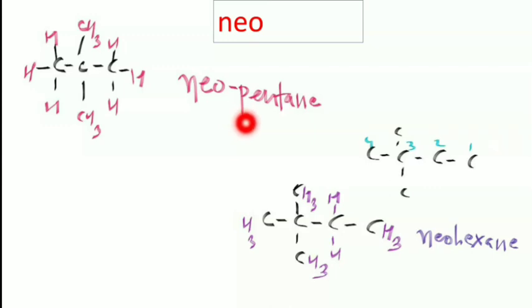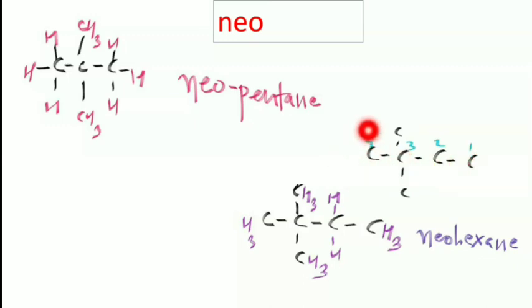We can take another example where you can use the prefix neo. The example is hexane. Hexane contains 6 carbon atoms, 1 2 3 4 5 6. You can remember the statement for where to use neo: neo is used for those alkanes having 2 methyl groups attached to the second last carbon of the continuous chain. See here is a carbon chain 1 2 3 4.